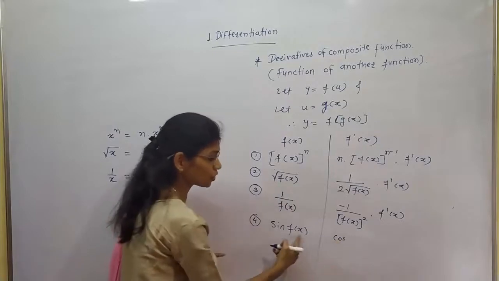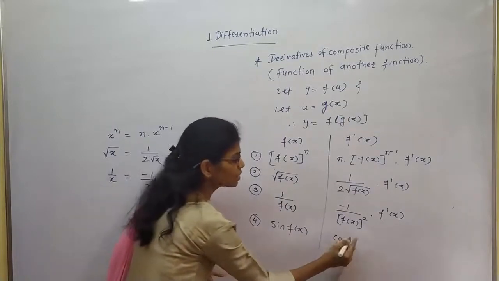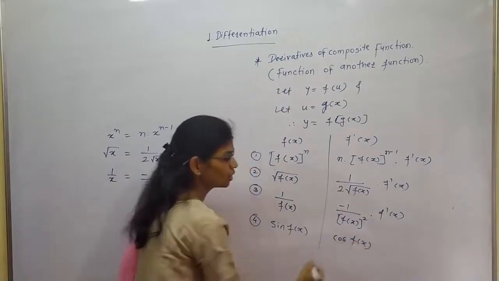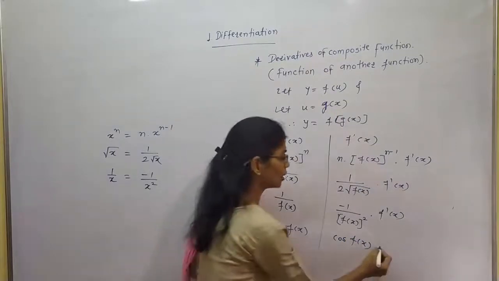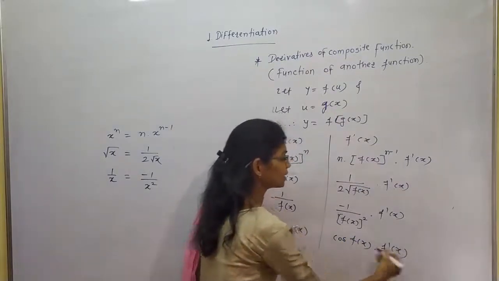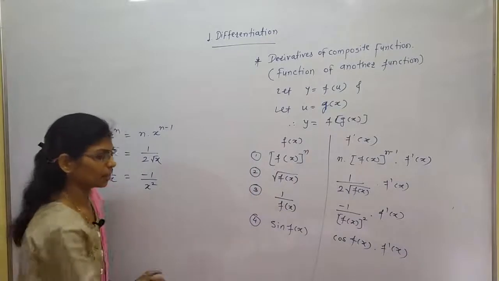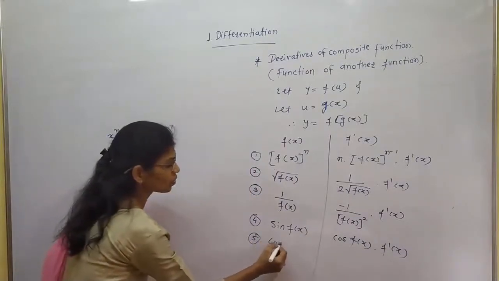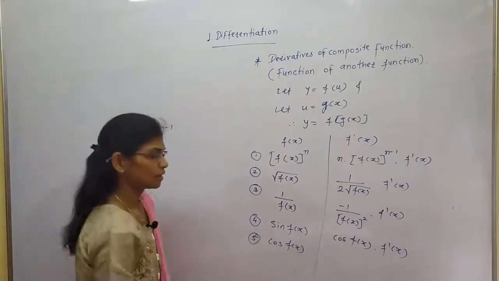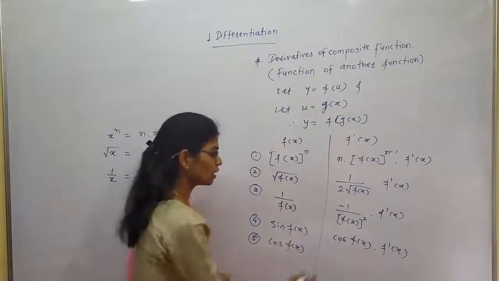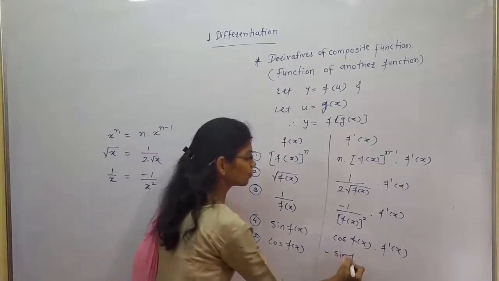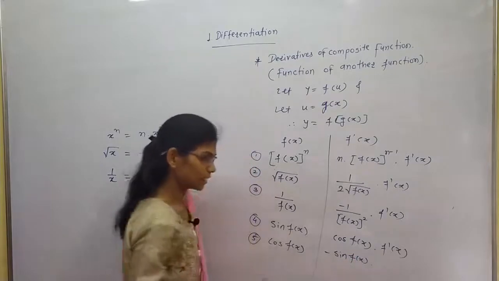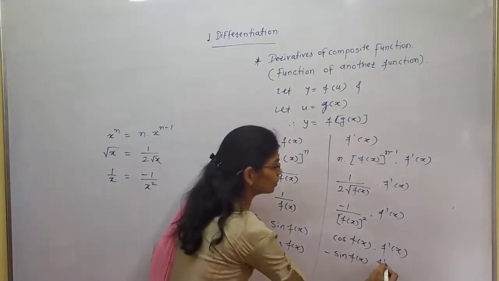That is why the derivative of sine of f of x we have to take as cos of the whole function, multiplied again by the derivative of the main function, that is f dash of x. Fifth one, cos of f of x, has the formula minus sine of the whole function multiplied by the derivative of the main function.